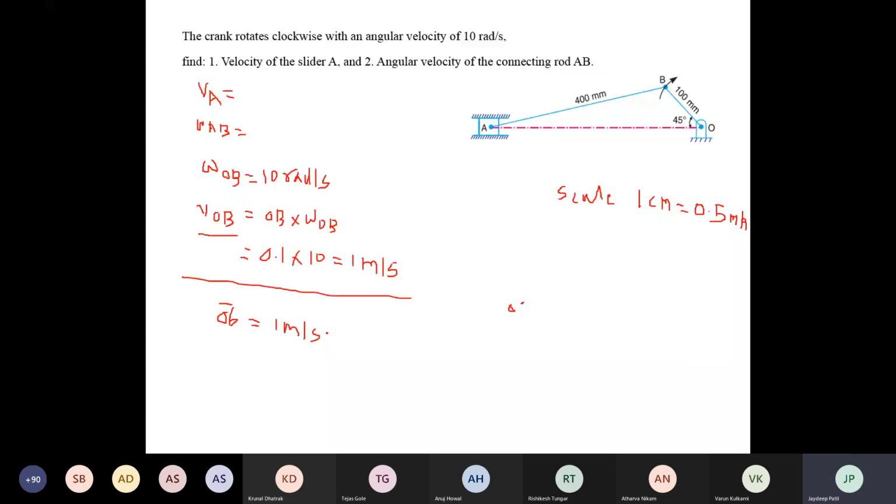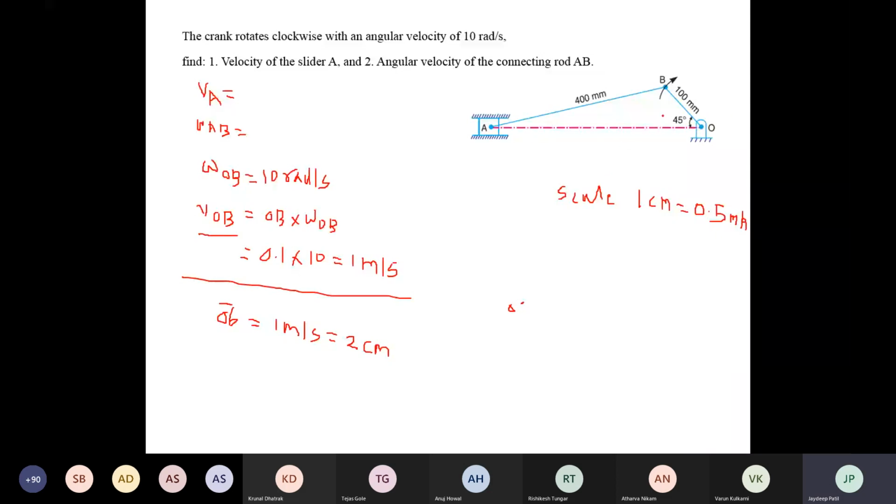You have to convert it into scale. It will become 0.5 meter per second for 1 centimeter, so you have to draw the first vector 2 centimeter. Through this O, I will draw the first vector ob 2 centimeter. But its direction is given in the problem: OB rotates in clockwise direction.